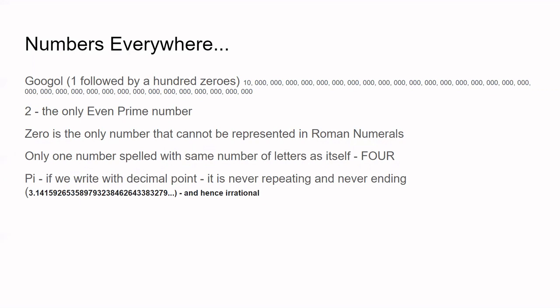What it means is that when we write pi with a decimal point, it is never repeating and never ending, meaning you can go about calculating the value of pi more and more and more, and it will never stop. That's what is called an irrational number, a never repeating and a never ending decimal number. So pi is an irrational number.